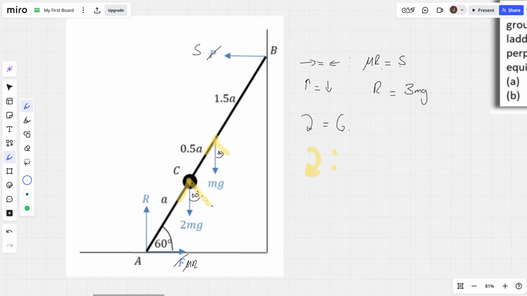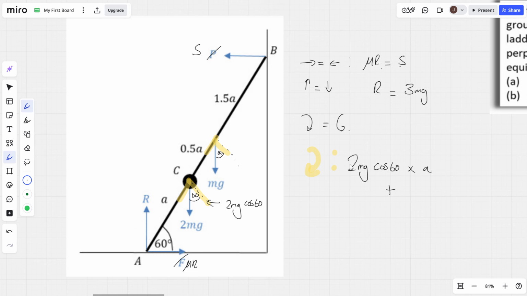Yeah, so let's do this first one here. So that's going to be 2mg cos 60. And then it's a away. So it's going to be 2mg cos 60 times a. Okay, that's the first one.